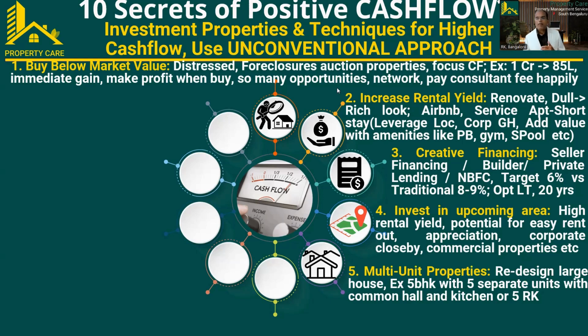And multi-unit property, I've seen people with a 5 BHK, the owner struggling to rent it out. Try to convert it into smaller units so that it can be easily rentable and higher rent yield is possible. So a little bit of redesigning is required. Make it 5 RK where each room will have a small kitchen slab. 5 people can stay separately, and you can earn income from that also.